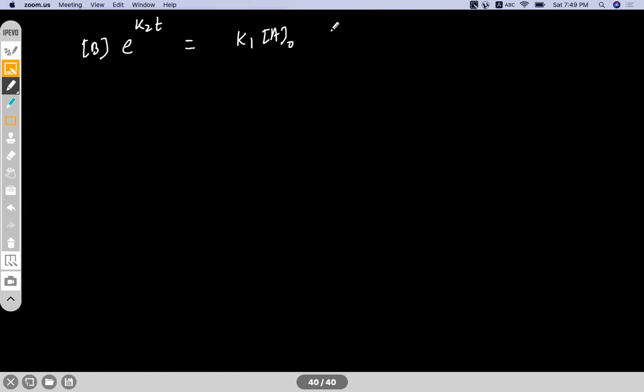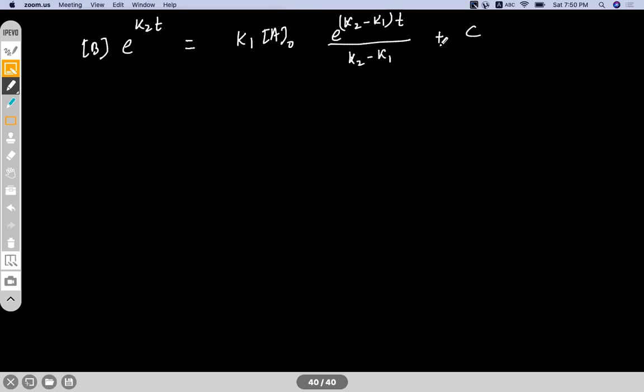And the integration of this would be e to the power K2 minus K1 into T divided by K2 minus K1 plus C. Is it fine? Yes, sir. If we get C, we can substitute C and find out the concentration of B.